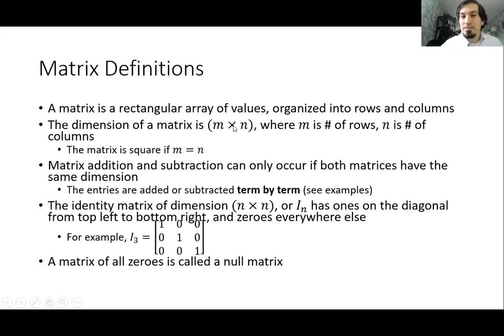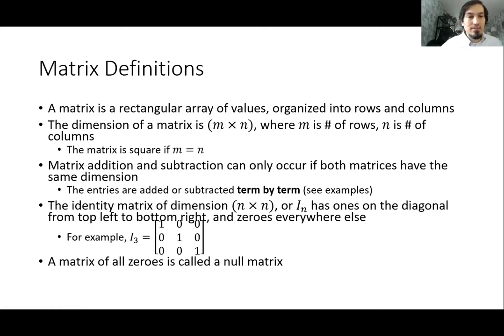This looks like times, but the word is used as by. M by n matrix. M is the number of rows, n is columns. So that kind of matters. It's row first, then column. If you see an m by n matrix, that means it has m rows, n columns, and not the other way around. If these two numbers are the same, we call that a square matrix.